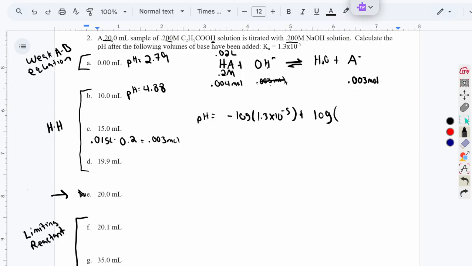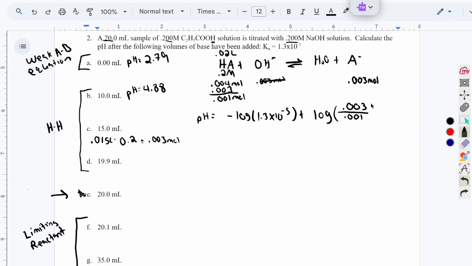So that goes away. 0.003 of this is going to be neutralized, so 0.001 moles will be left over. So now I have my ratio. I left my Henderson-Hasselbalch equation here because I don't really need to change much of this. I just need to change the ratio. So my ratio is now products over reactants, 3-to-1.